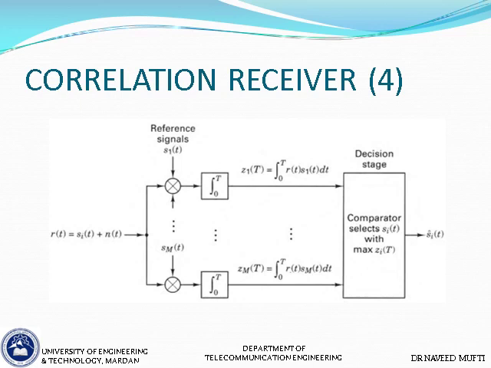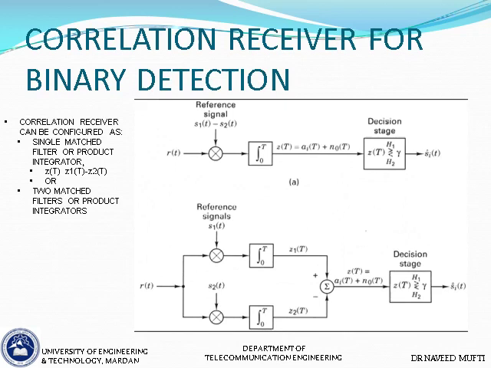Considering the case of a binary detection receiver, our M correlators, where M is equal to 2, will have two reference signals, s1(t) for 1 and s2(t) for 0. Whatever signal we are receiving will first be multiplied, the product, and then integrated.